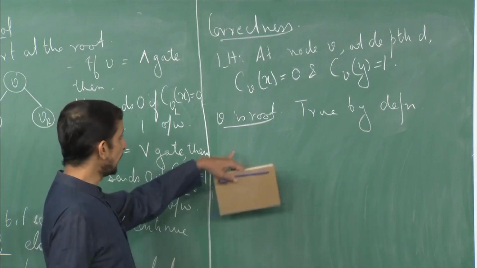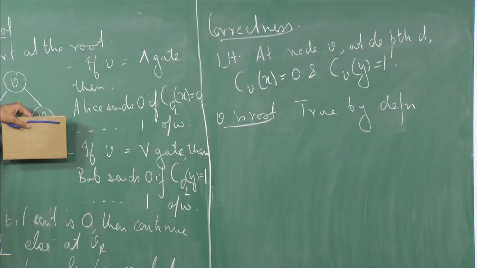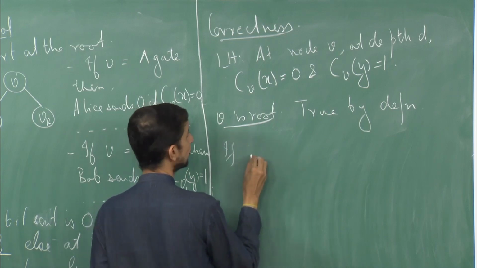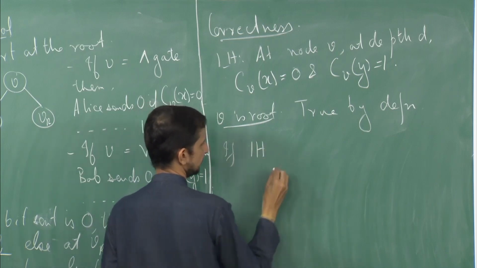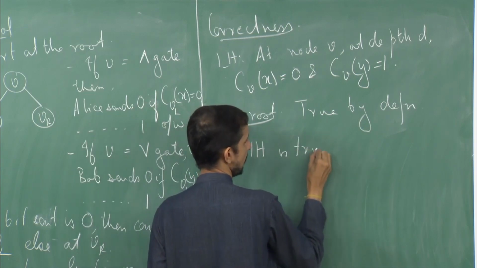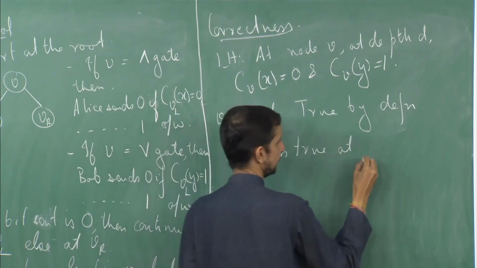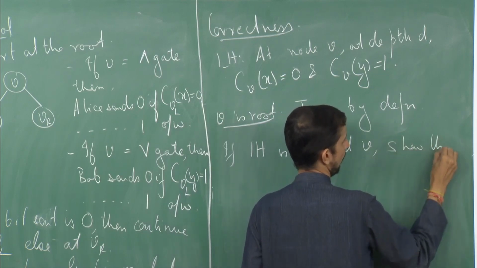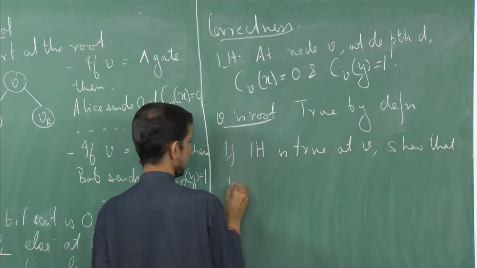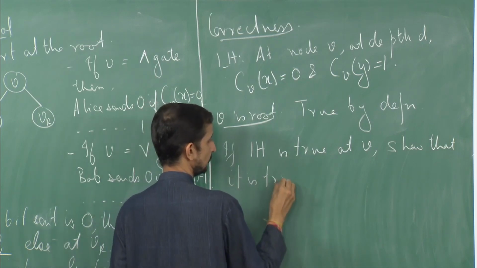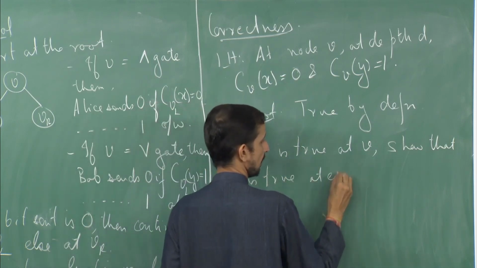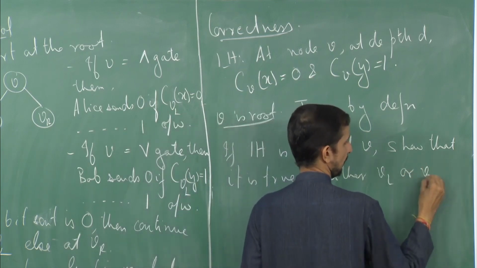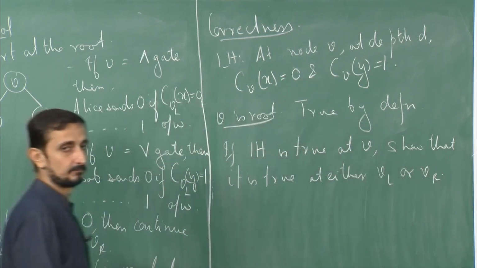Now suppose the induction hypothesis is true at any node V. We show that it is true at either VL or VR. Okay.